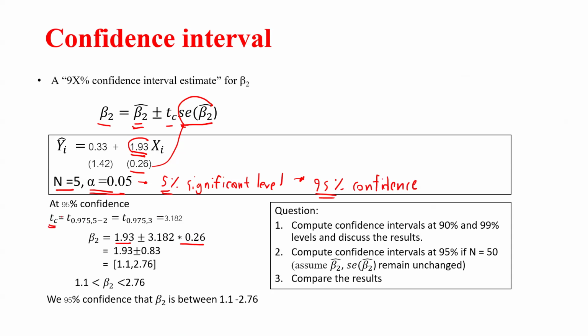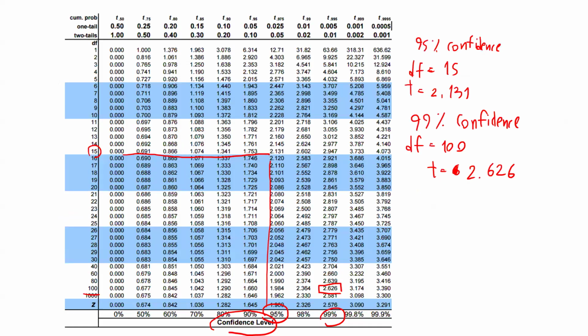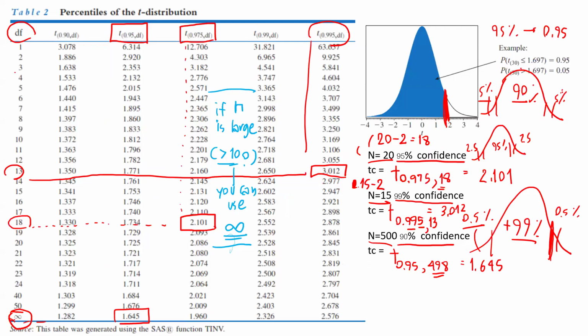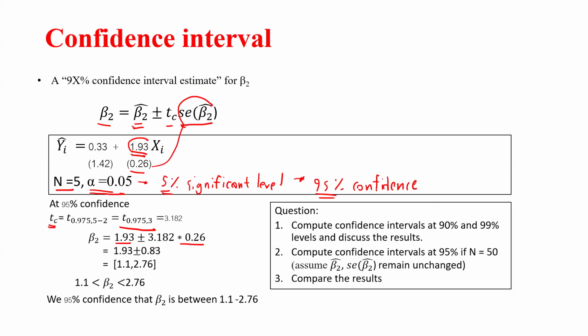Okay, so we go and open the t table. 95% confidence means 95% of the central area. We have to open t 0.975 with 3 degrees of freedom, and we got 3.182. So we use 3.182 here.